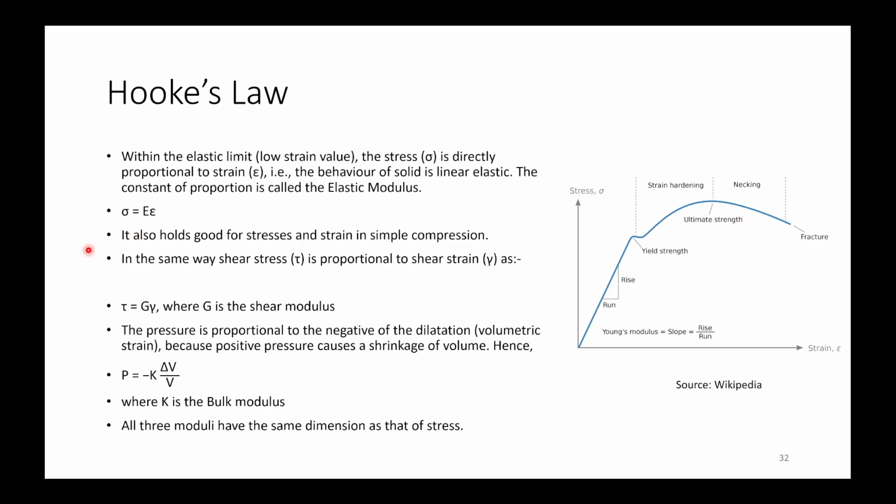It also holds good for stresses and strain in simple compression. And in case of shear stresses, tau, the shear stress, is equal to G, the shear modulus, times shear strain. And in case of pressure, it is proportional to the negative of the dilation, the volumetric strain, and then you get the bulk modulus, which is K.